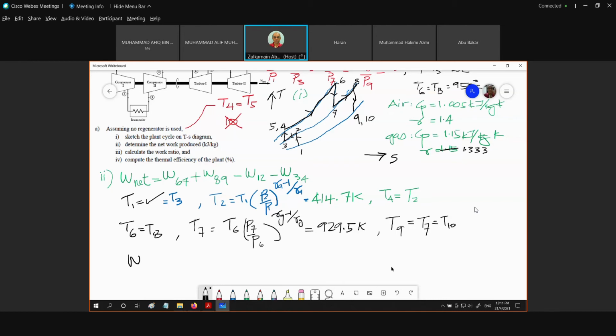Work for the turbine is equal to, we take one work times 2 because all the values are the same. So this is W67. So this is the summation of turbine work, which is 2 CPG times T6 minus T7.